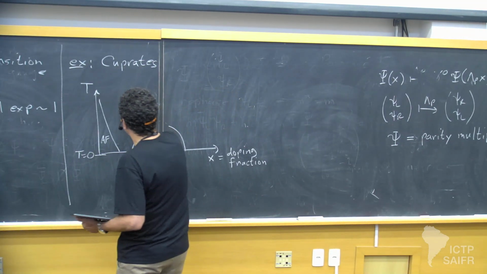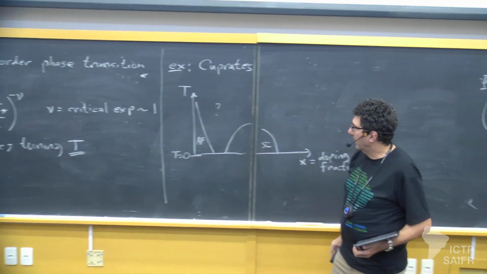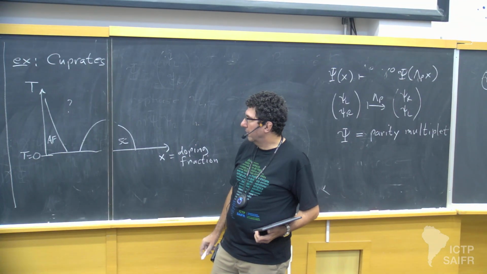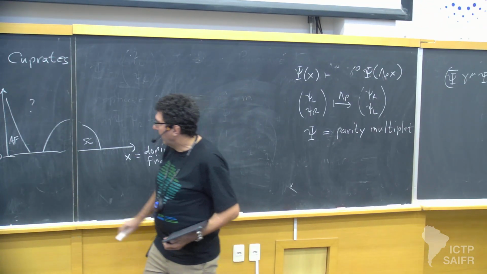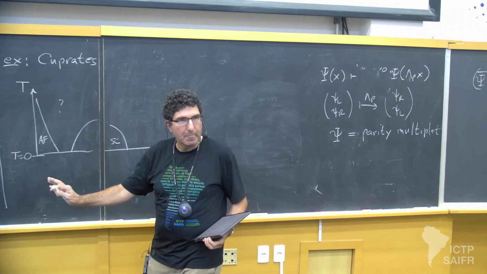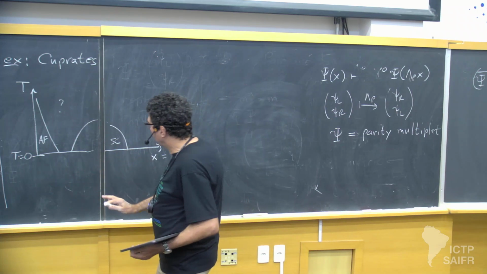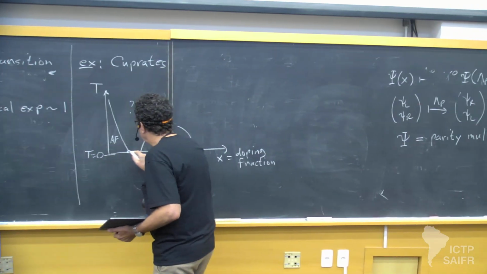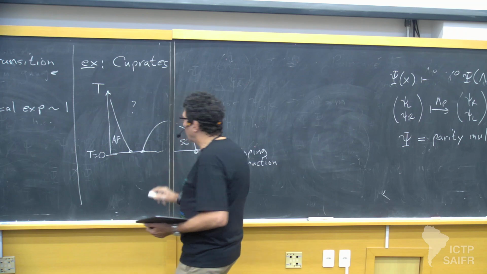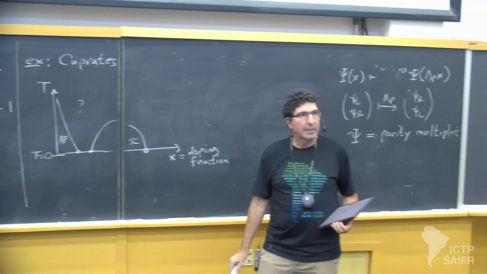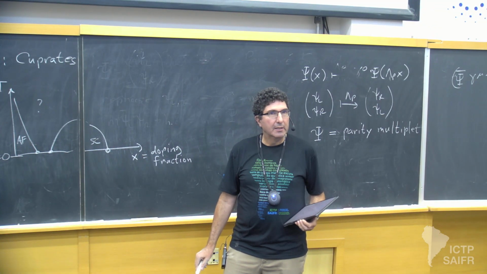There's some weird phase here, which they call something like a non-normal metal. Anyway, it's a complicated phase diagram. But what I want to call your attention to is that there are phase transitions at 0 temperature.